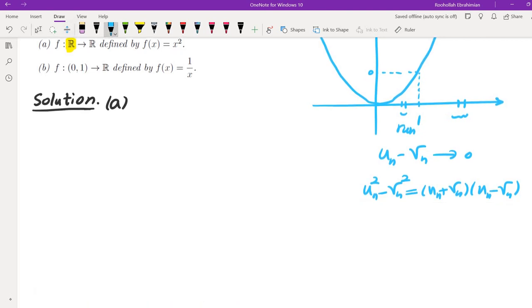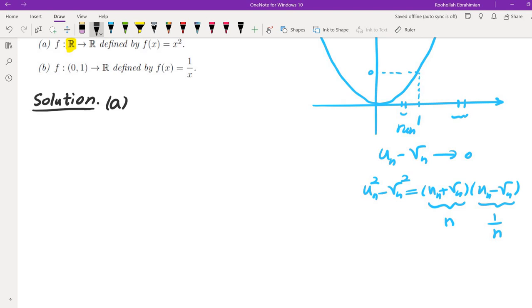We could create that by making sure this is large, although this is small. So maybe let's make this one n and make this one 1 over n. Then the product is going to be 1. So given that, we can create un. un would be the average of n and 1 over n, and vn would be the difference over 2.